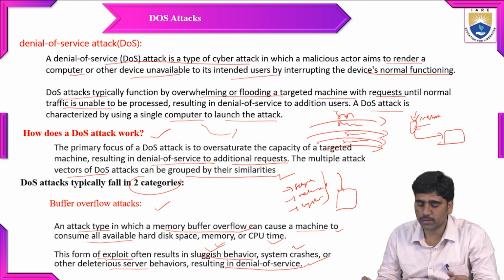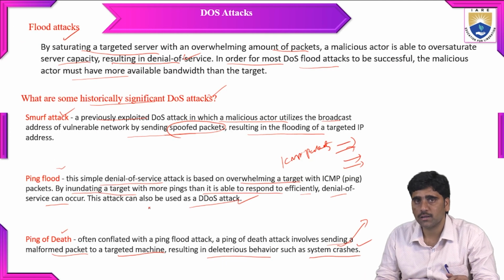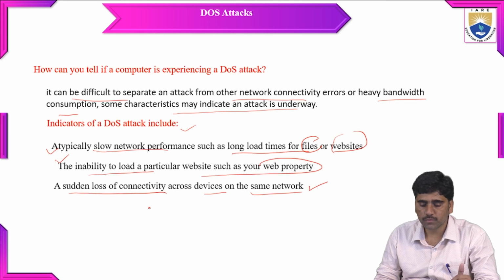There are two types of attacks: buffer overflow attacks and flood attacks. Some historically significant DoS attacks are the smurf attack, the ping flood attack, and the ping of death attack. How can we tell that a DoS attack is happening in the system?